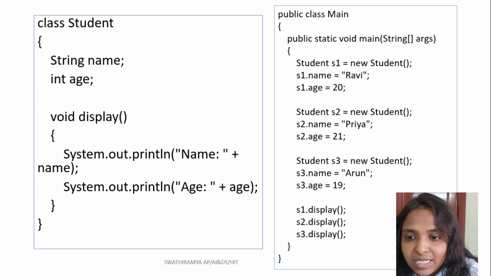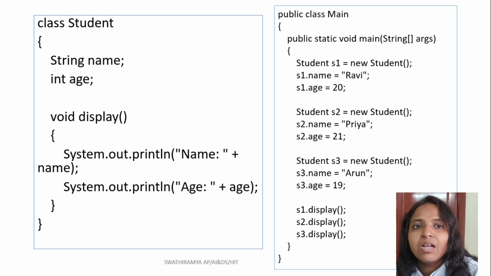Next step, I am going to create the third object: student s3 is equal to new student, s3 dot name is equal to Arun, s3 dot age is equal to 19. So I have created three objects s1, s2, s3 and assigned values for all three. Now I am going to display the objects' values: s1 dot display, s2 dot display, s3 dot display.